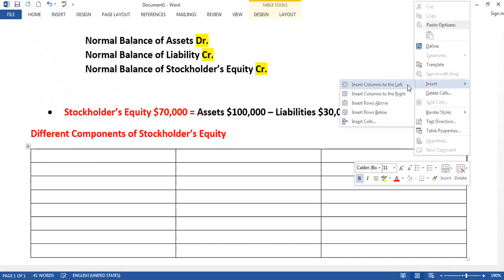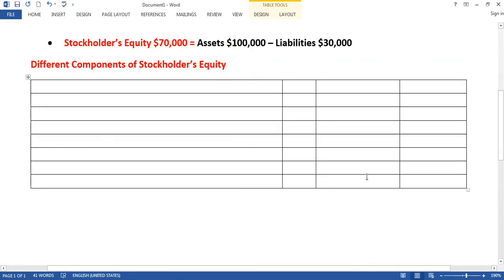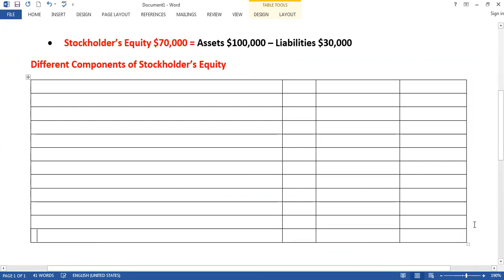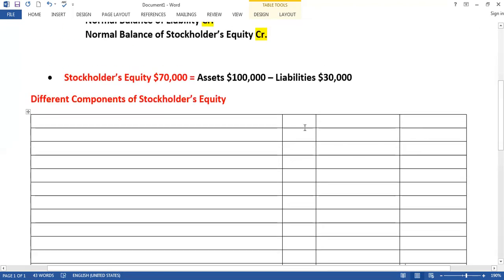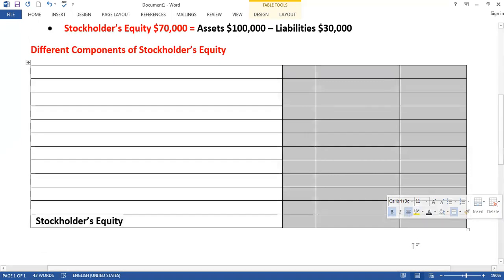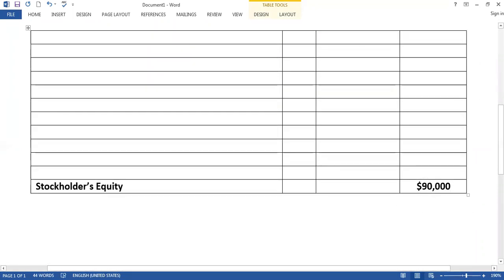So let's see the components of stockholders' equity. For example, this is stockholders' equity, and the total amount of stockholders' equity is, for example, $90,000.